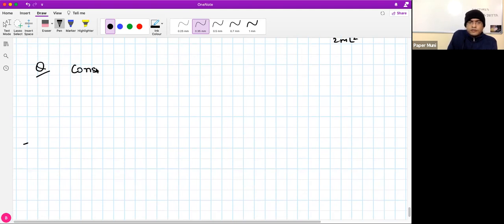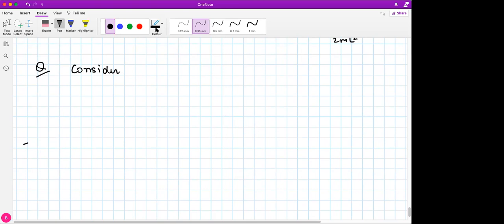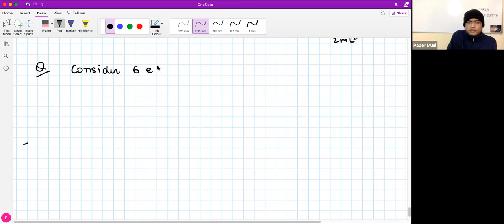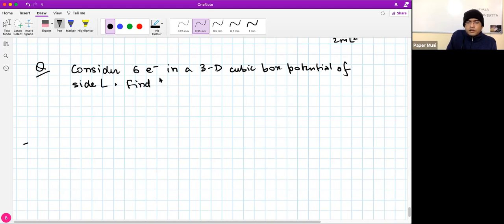So consider 6 electrons in a 3D cubic box potential. 3D cubic box potential means this is all isotropic, of side L. Now find the ground state energy of the system.